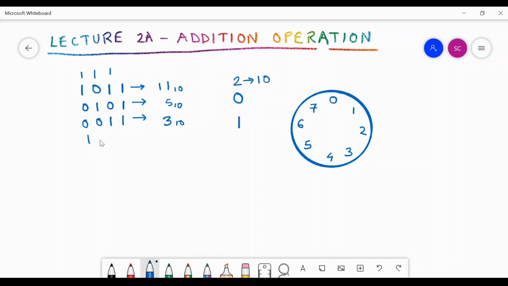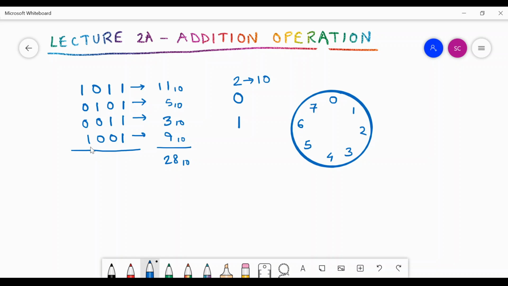Suppose we are adding another number 1001. So now you see that this first position itself, 1001 is 9. So you should get 28 as the result, and you can convert 28 and find out what 28 looks like in binary.